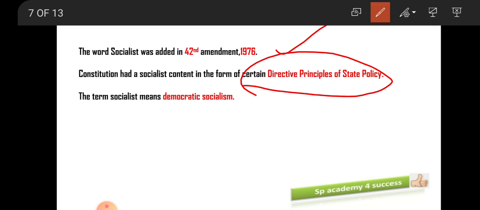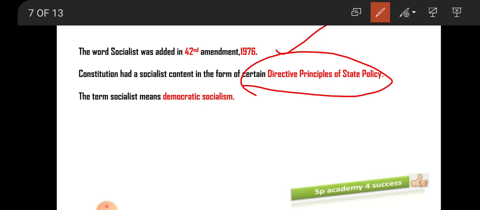So anyhow we are following the principles of socialism through the directive principles. So why don't we add this in our preamble? Why don't we go officially? That's the reason why we added this word in 1976 in the 42nd amendment.